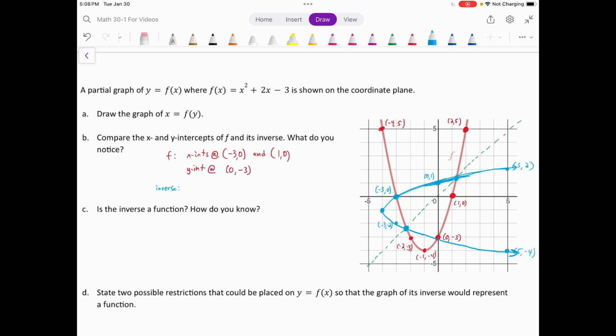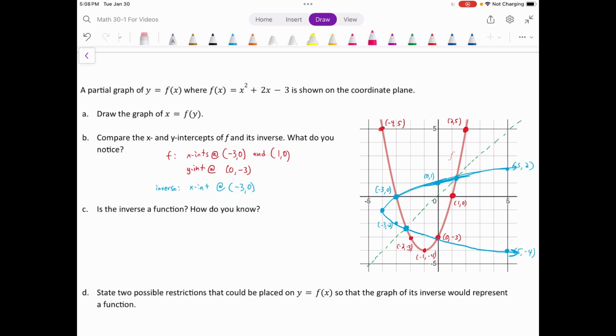Let's just finish up writing them out. X-intercepts, well, just one x-intercept at (-3, 0). Notice anything, right? Does that make sense? Why the x-intercept for our inverse would just be where the y-intercept was, but of course with the x and the y switched, right?